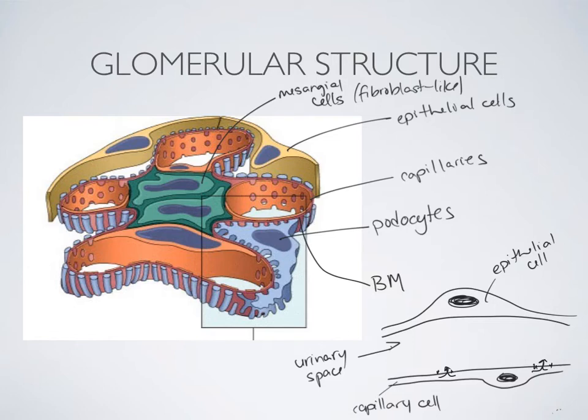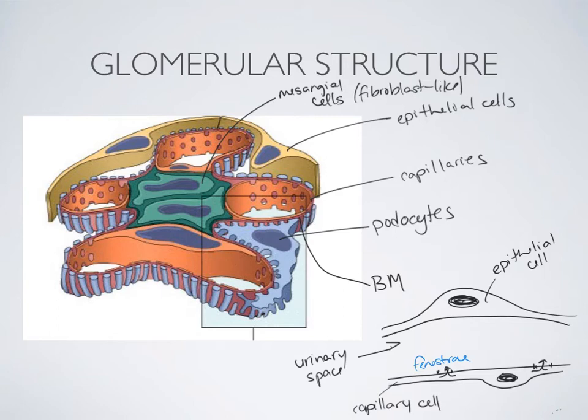And you can see on this picture these holes depicted right there. So those are called the fenestrae. So the endothelium of the capillaries in the glomeruli is very specialized. You don't see fenestrae throughout all of your capillaries in all of your body. It's only in those glomerular capillaries.